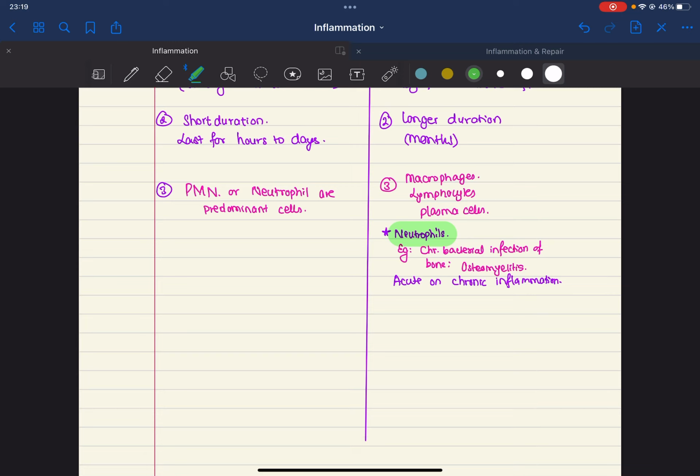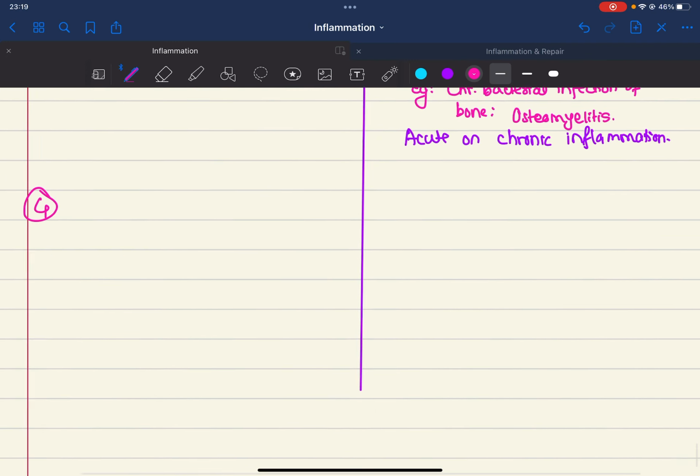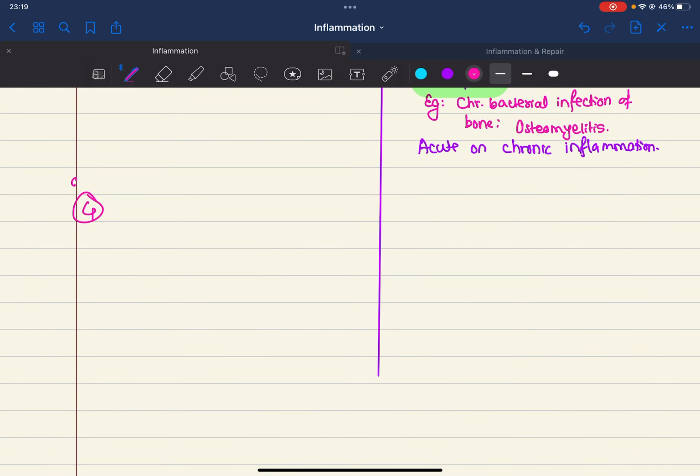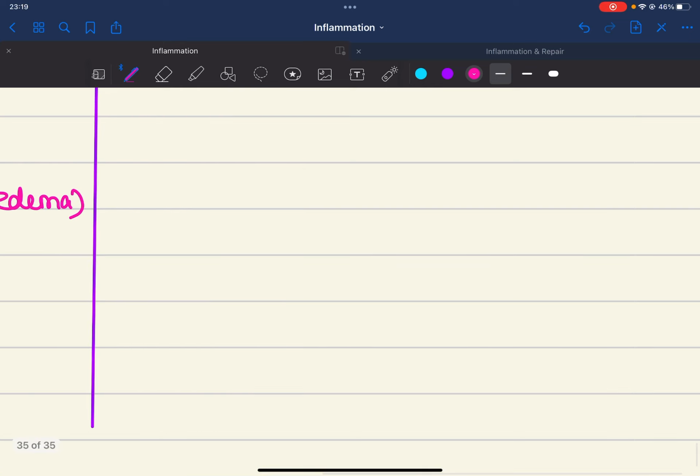What is the next difference between chronic and acute inflammation? In acute inflammation, there is exudation. We already talked about the events of acute inflammation: there are vascular events, exudation of fluid is occurring, and there is inflammatory edema. What happens in chronic inflammation?